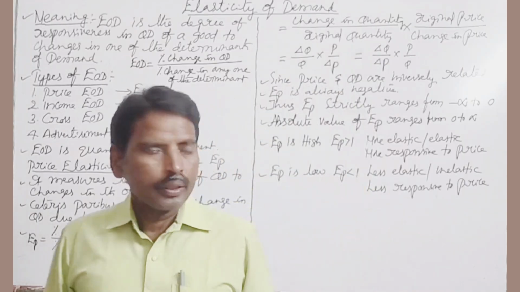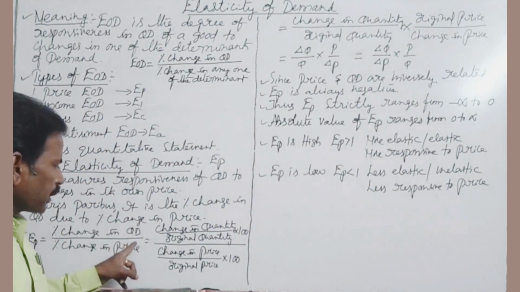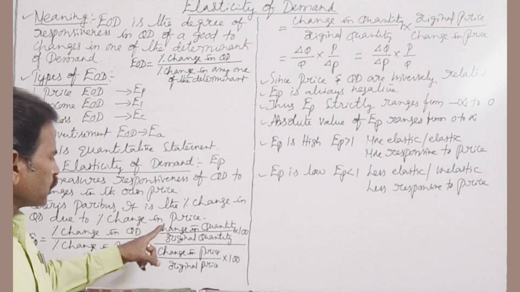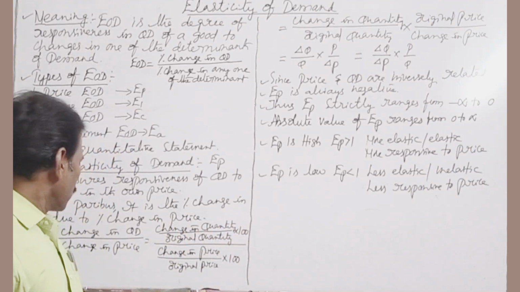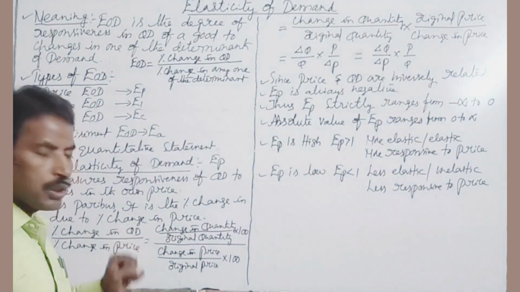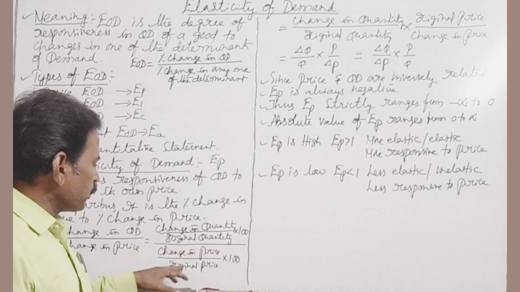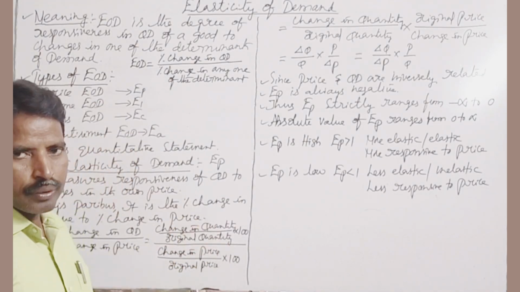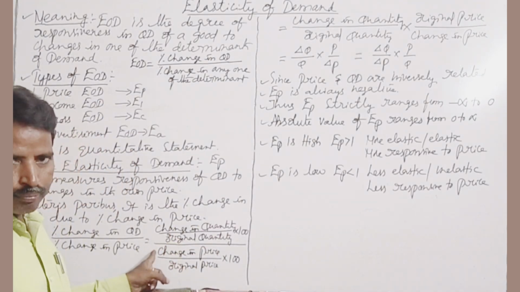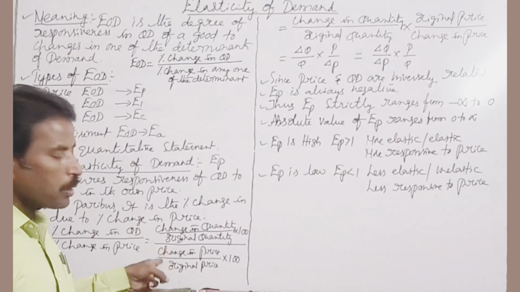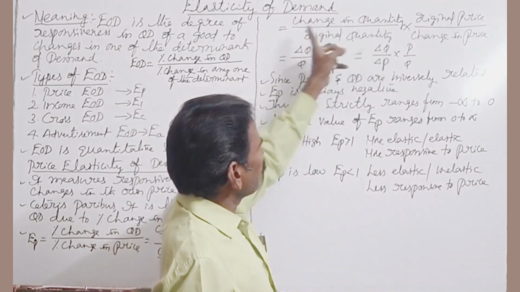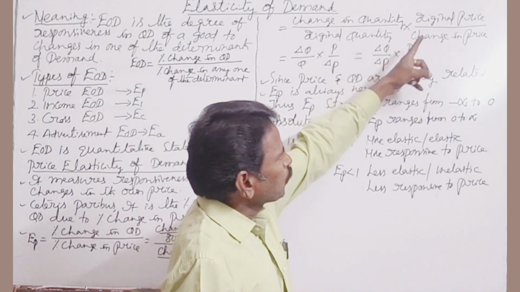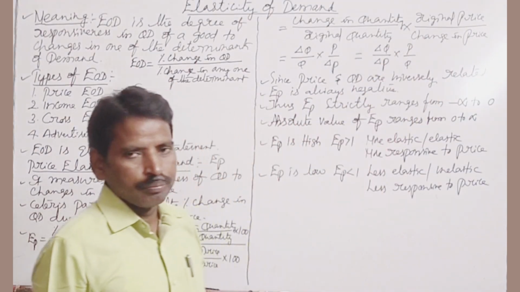Therefore, percentage change in quantity demanded is equal to change in quantity by original quantity into 100, and percentage change in price is equal to change in price by original price into 100. This is in division form. So then we cross multiply this, and the 100 cancels out and the denominator is reversed. So EP is equal to change in quantity divided by original quantity into original price by change in price.